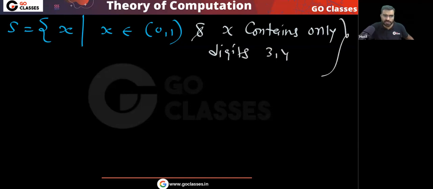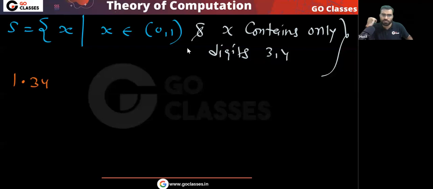First you understand this set, then we will prove that S is uncountable. Tell me which elements you have in this set S. Give me some elements.